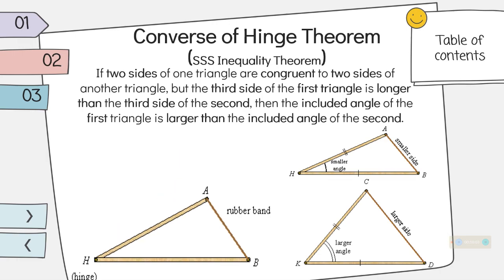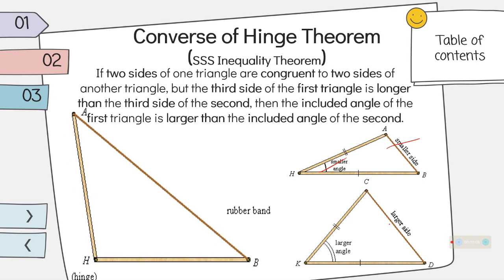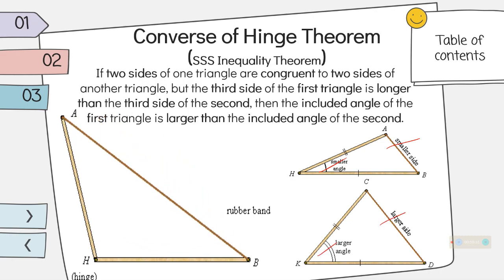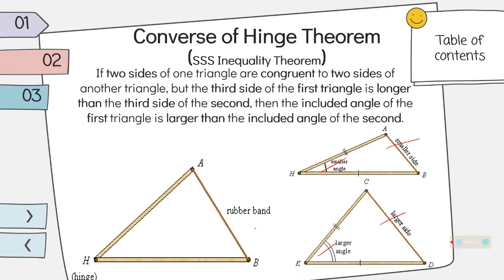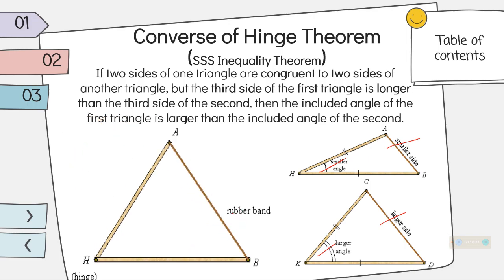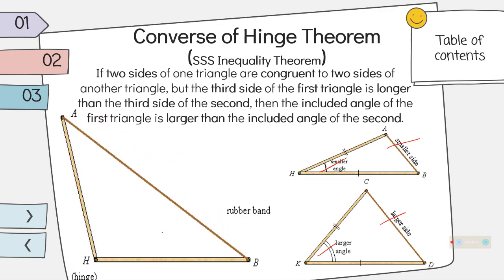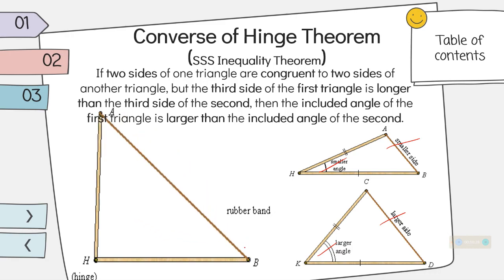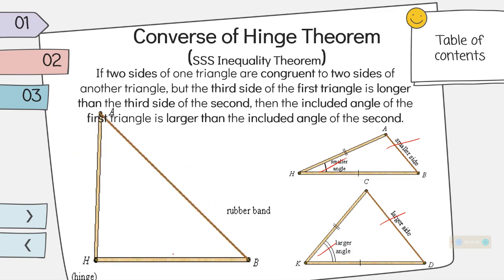So just like what we had earlier, the smaller side is opposite the smaller angle and the larger side is opposite the larger angle. As you have seen in our example, if you bend the rubber band, opposite the larger angle is the longer side. And if you unbend the rubber band, you have the smaller or shorter side and the smaller angle opposite it.